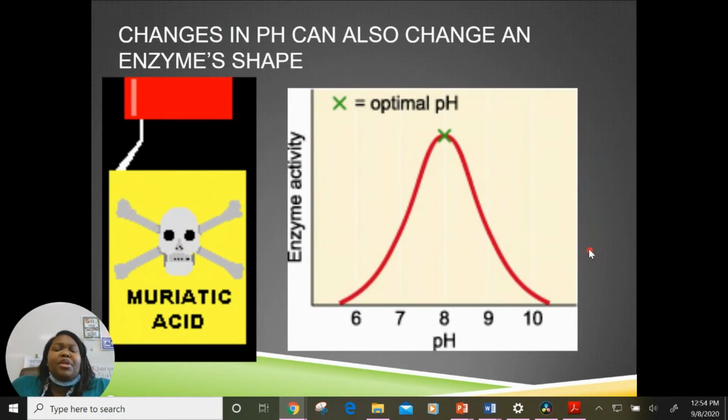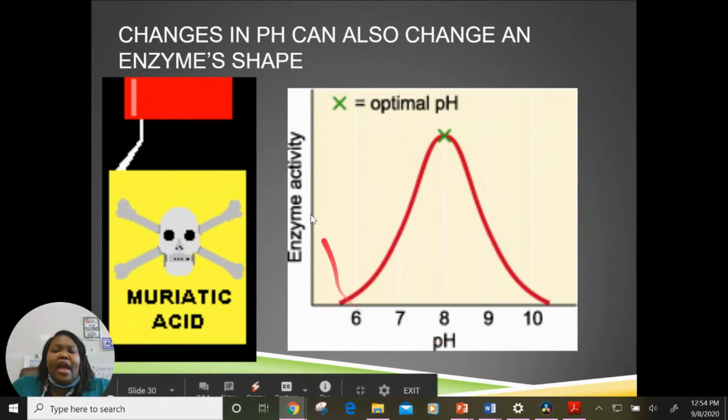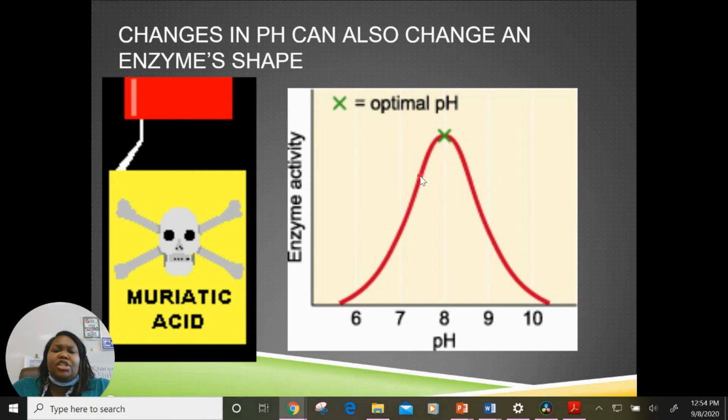It's the same with pH. So here is a graph that talks about pH. When the pH is low, the enzyme is denatured. If we were to change the pH and add some new enzyme, it's going to start to work. So it's not going to denature all of it until it gets to this optimal pH where it's all working.